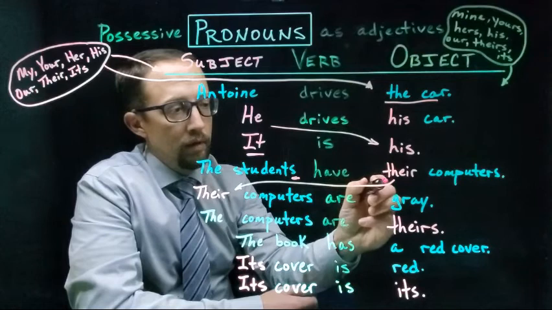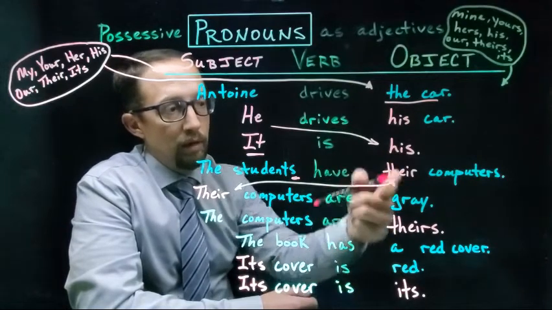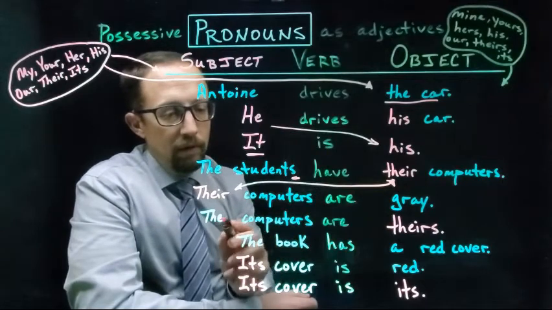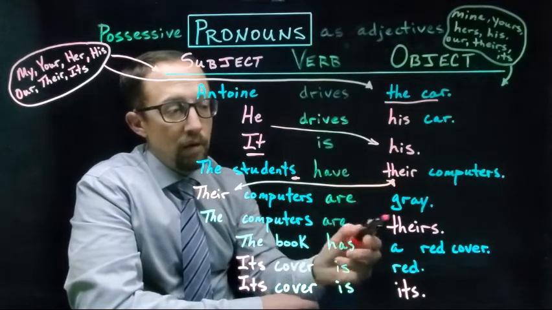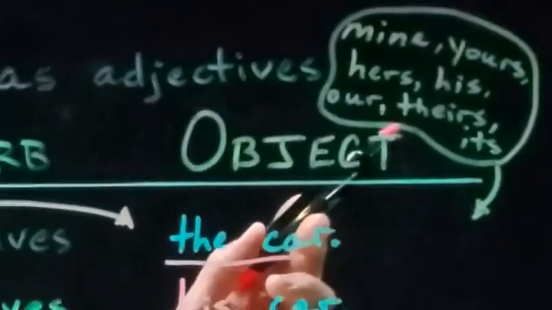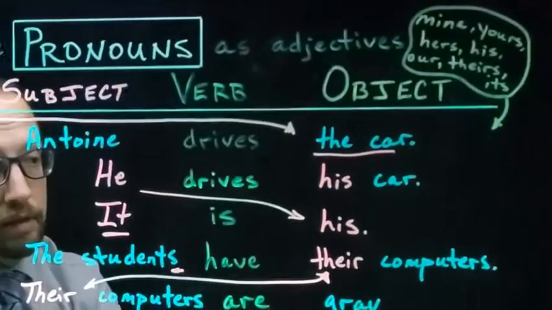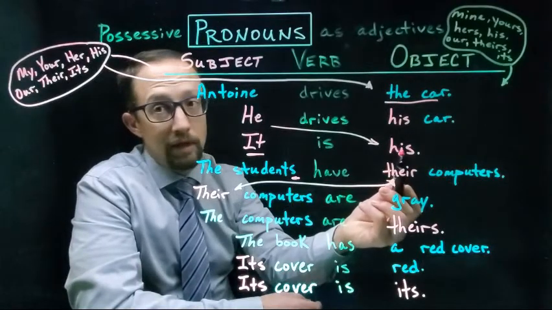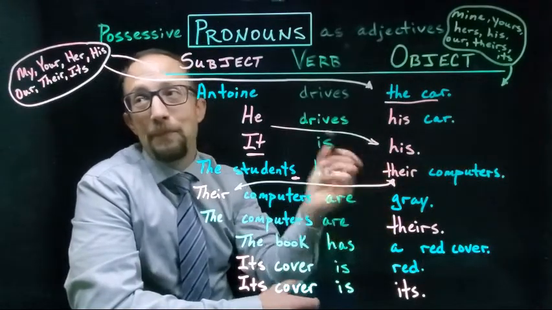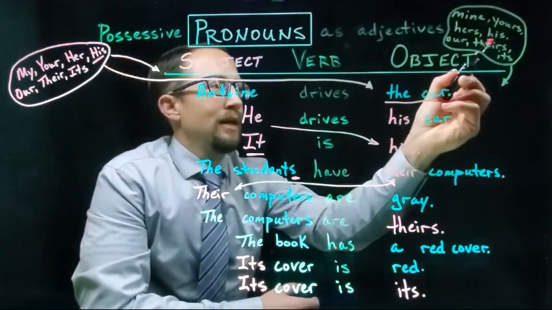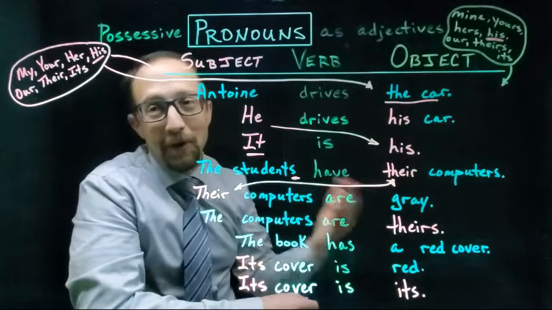There can also be on the object side. It can do both. The computers are theirs. It changes, but theirs is always on this side. Just like his is always on this side. You'll notice though, his and his are the same.